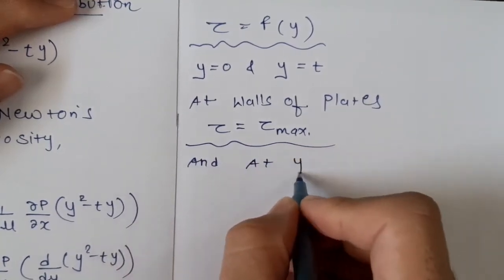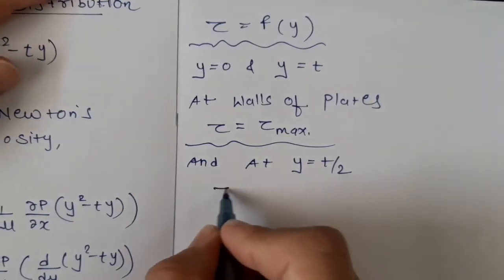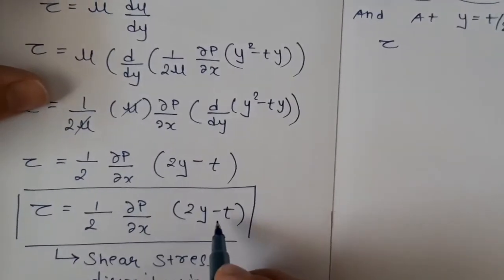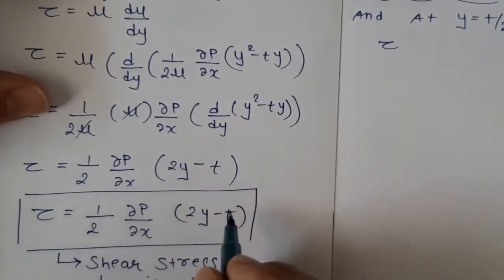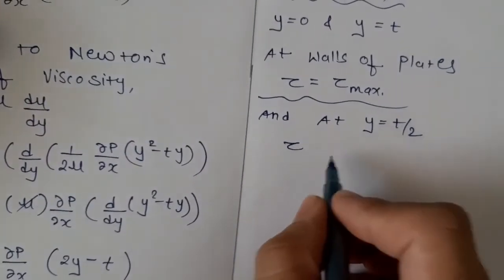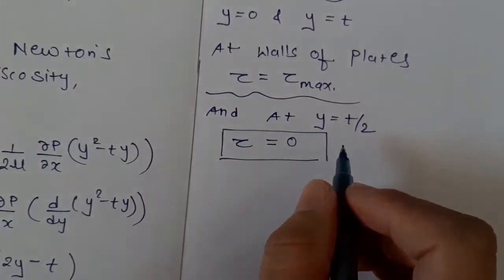At y equals t by 2, that means at the middle of the plate, putting y equals t by 2 here, we get 0, so tau equals 0. So at the middle of the plate the shear stress is 0. I will show it in the figure.